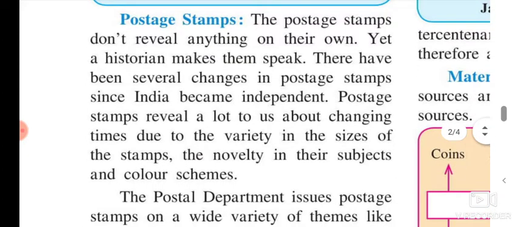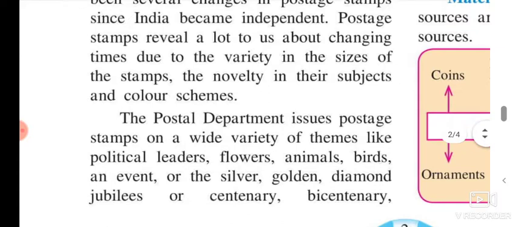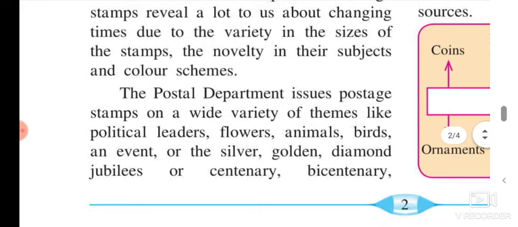Postage stamps. The postage stamps don't reveal anything of their own, yet the historian makes them speak. There have been several changes in postage stamps since India became independent. Postage stamps reveal a lot to us about changing times due to the variety of sizes in stamps, the novelty in their subjects and color schemes.